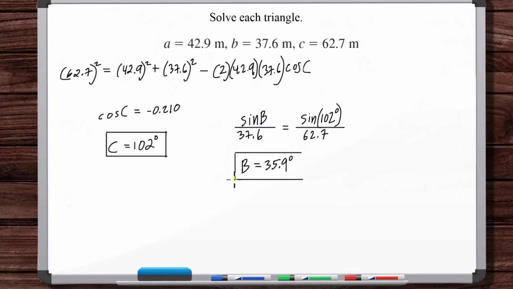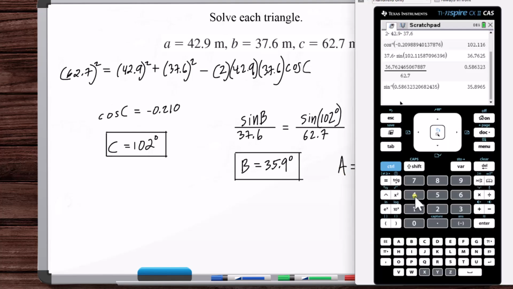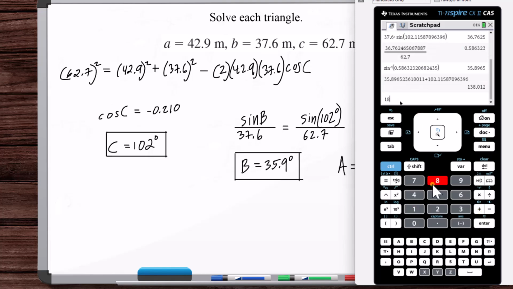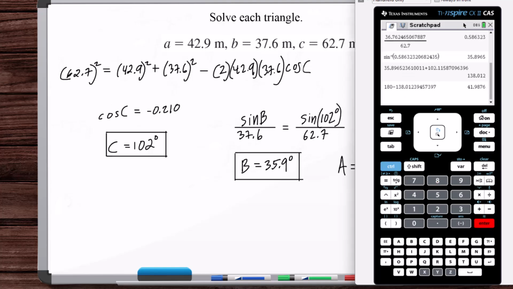Okay. Now, angle A, then, the sum of the angles is 180. So 180 minus this, 42 degrees.